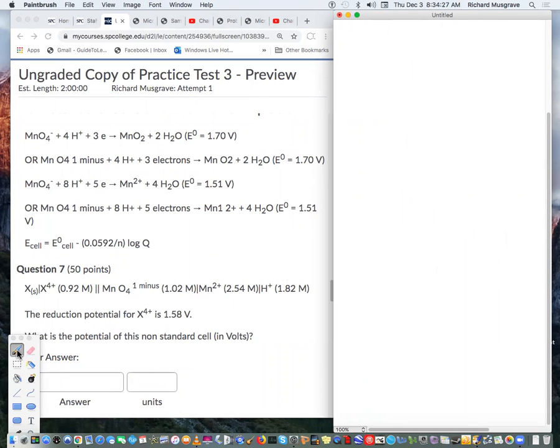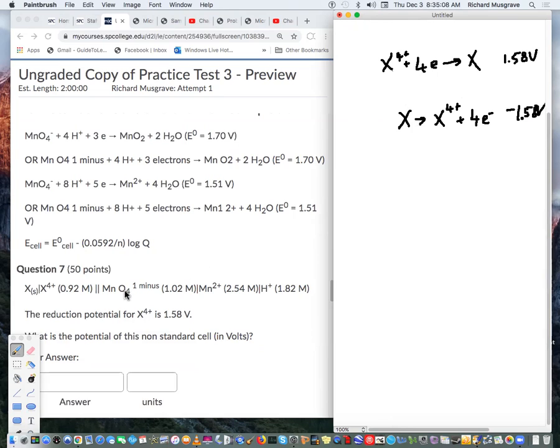So the way these are set up, it's always anode first, which means that we have to take the reduction potential, which would be this, and convert it, which says, what's that voltage there? It says 1.58 volts. We need to turn that into an oxidation. Put it over here. Which changes that to negative 1.58 volts.